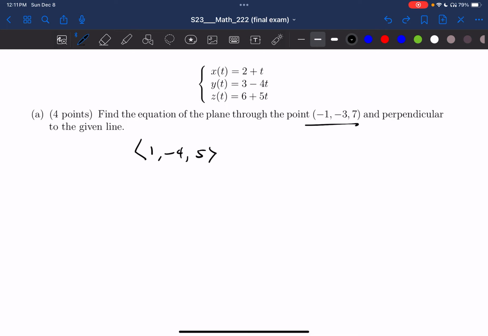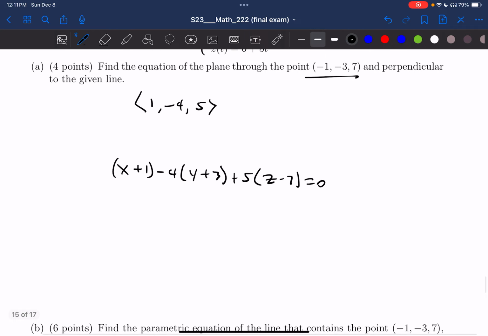Since this is the point, it'll be x minus -1, which is x + 1. And then -4 times (y minus -3), which is y + 3. And then plus 5 times (z - 7) will be equal to 0. And that should just be your answer.